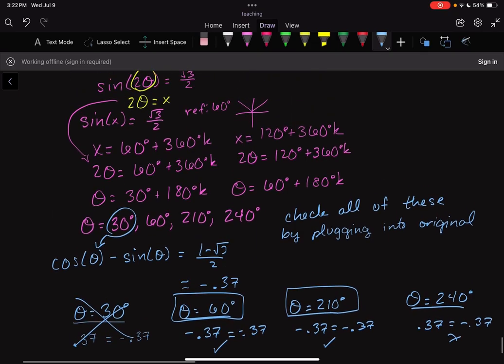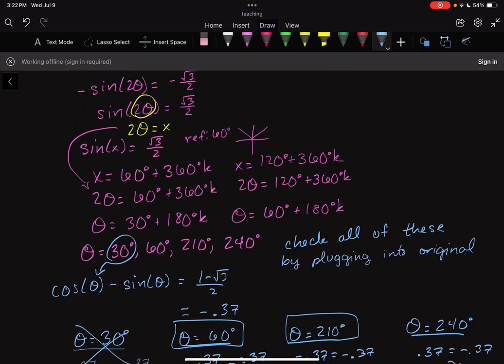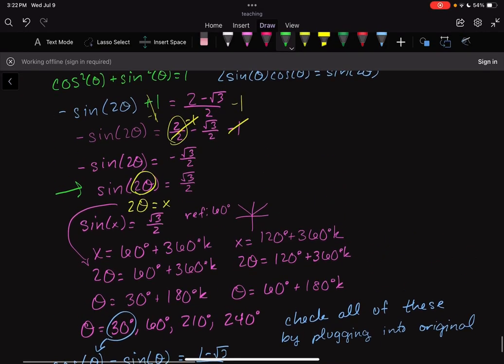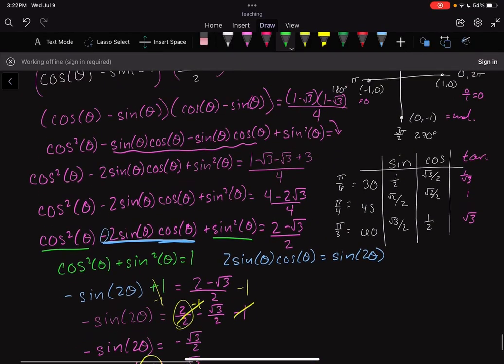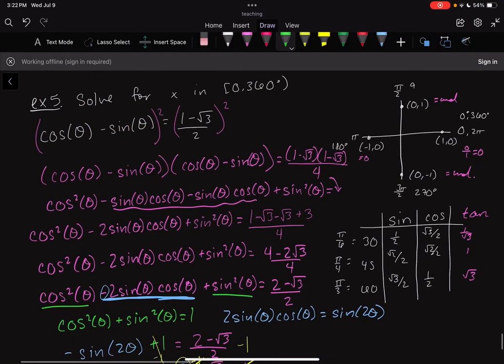Like for instance, when we got to here, I think that became a good problem. But all the way up to that point and then after, especially the checking of the answers, is not really stuff that I'm going to expect from you on your test. So I just really want to be honest with you about that.